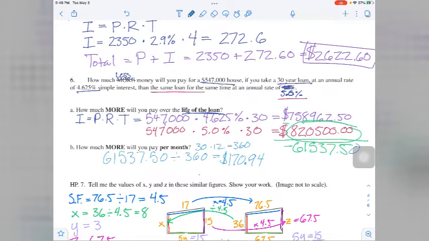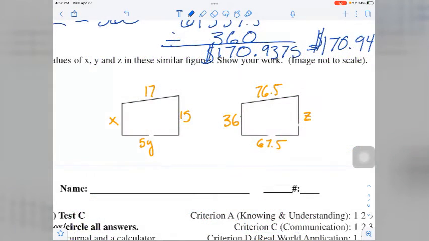But I'm just going to round up to 94. So that is one way you can figure it out. Another way that other students figured it out was to divide the amounts of money that you pay in interest by 360 each, and then figure out the difference in those, and you should come up with the same amount of money. That is the rest of problem 6.